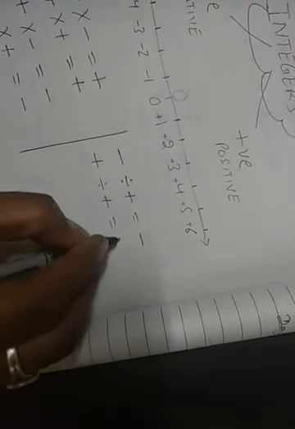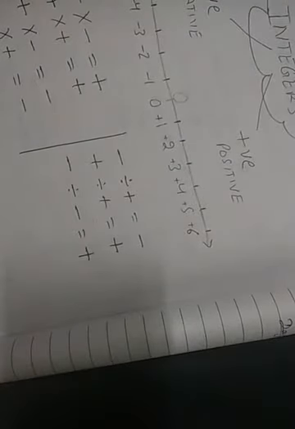If positive is divided by positive, your answer will be plus. And if a negative integer is divided by a negative, your answer will always be positive. Clear? The same rule and pattern we will see in the form of questions when we solve them.